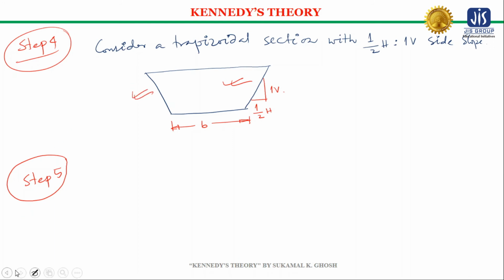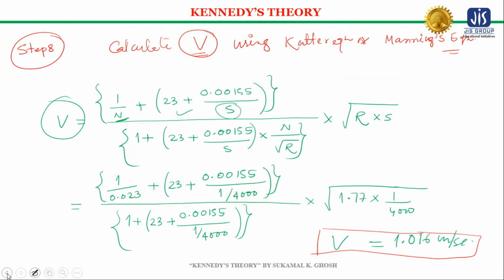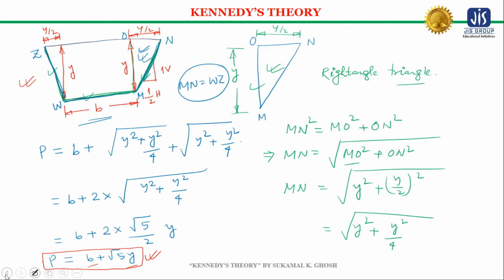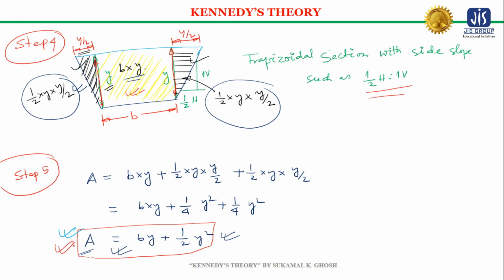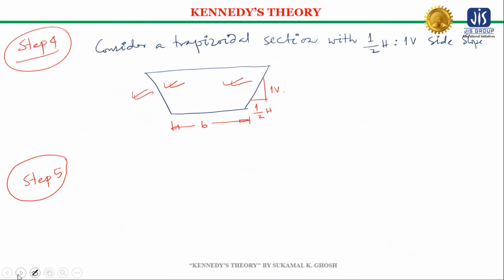The expression that we derived for area was A is equal to B into Y plus half into Y square. So we don't need to derive that expression again.